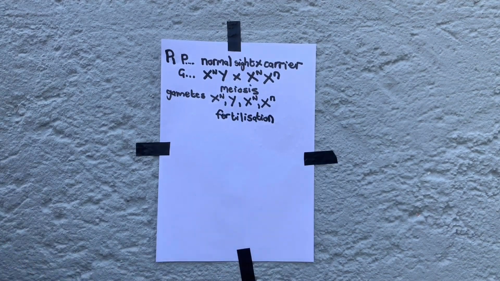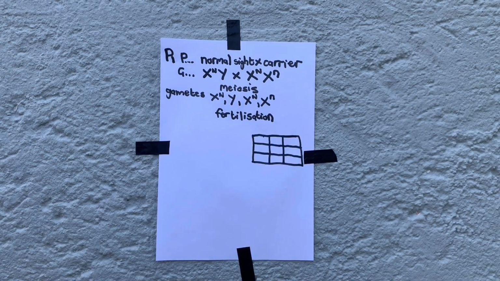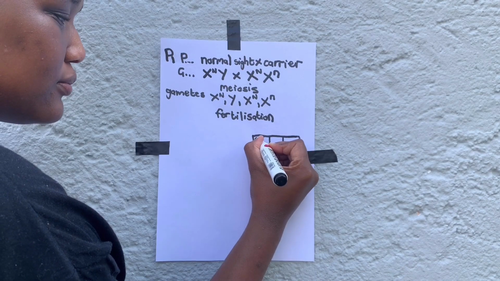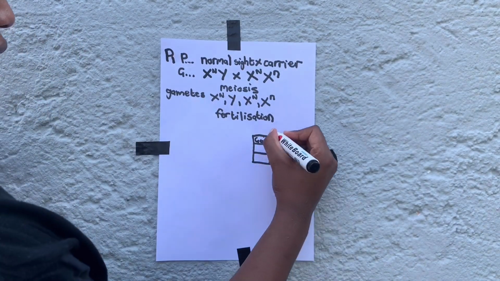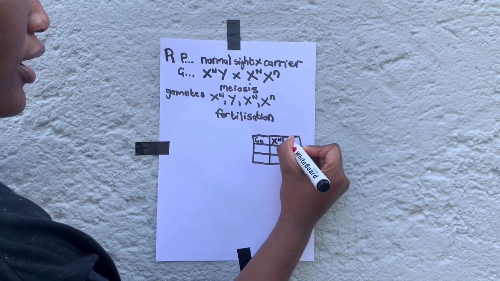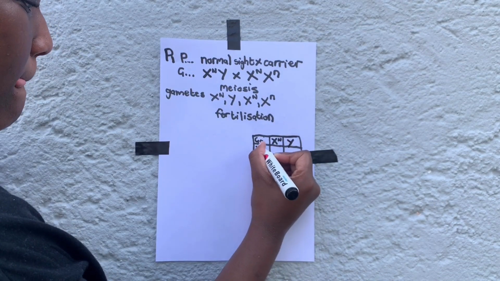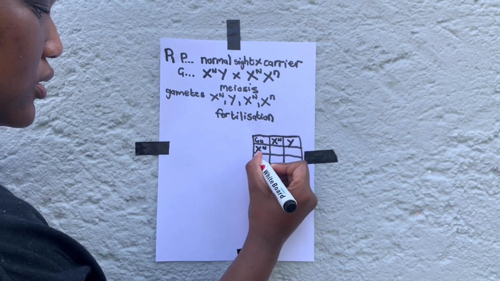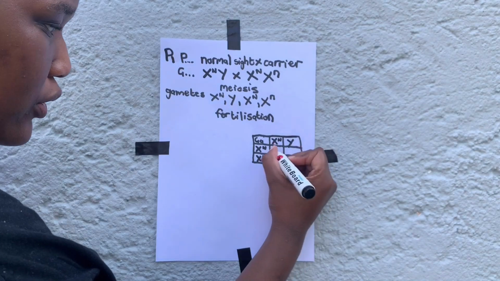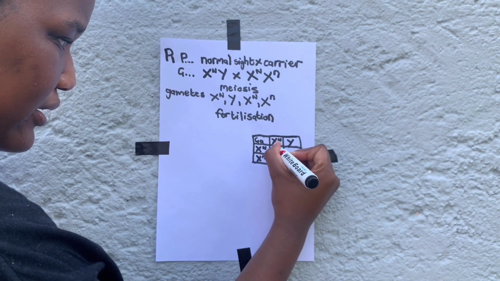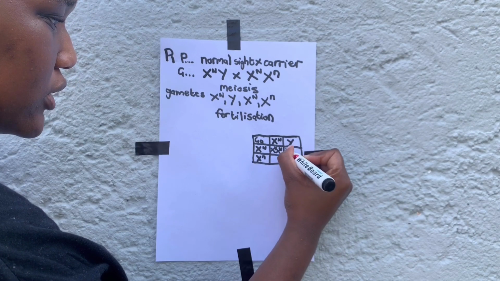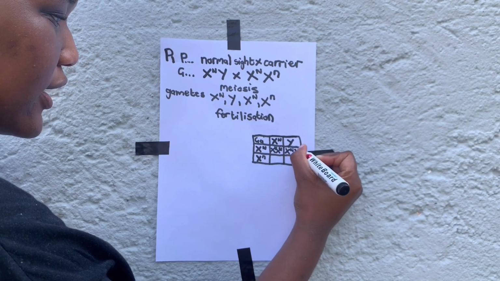And then we do a Punnett square. G for gametes, and those go there. And that is the female's gametes. And then they cross. Will I even be able to get all of this in? Oh my word, a permanent marker is not ideal.